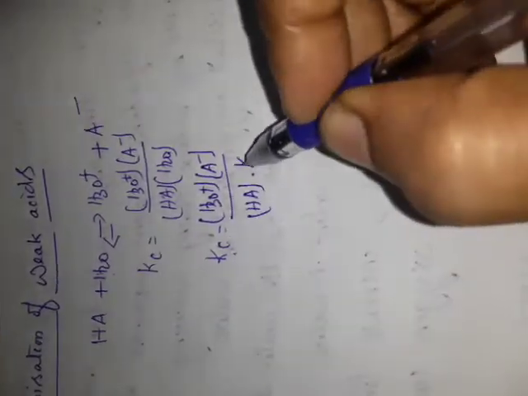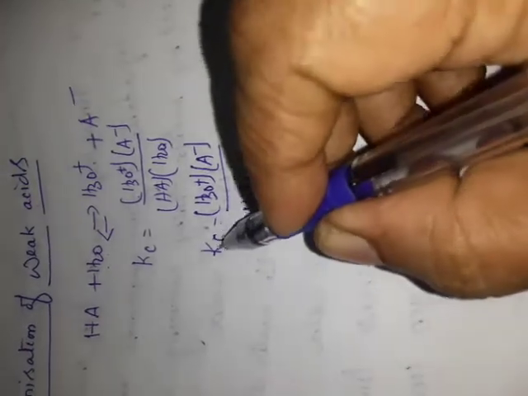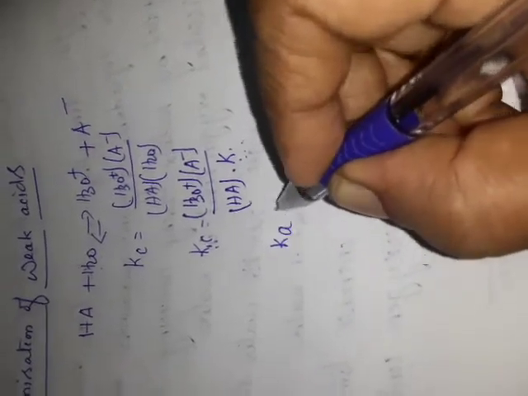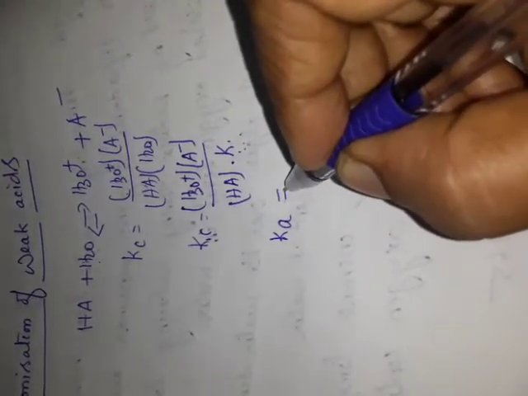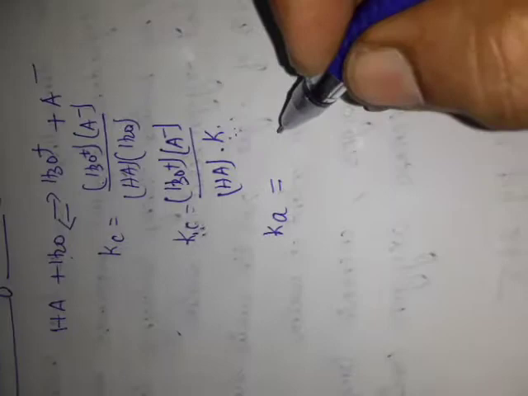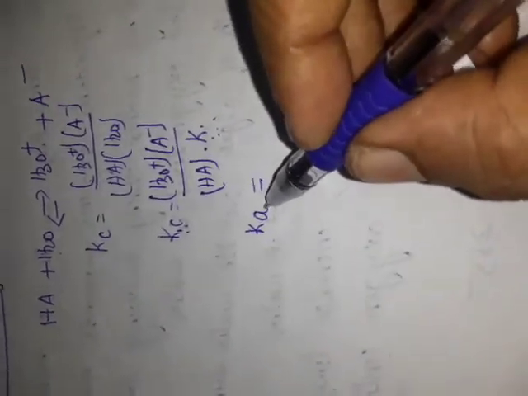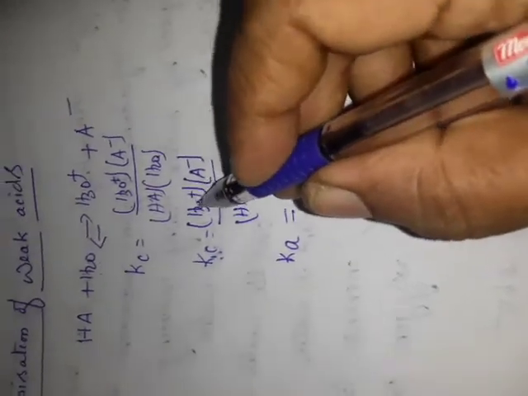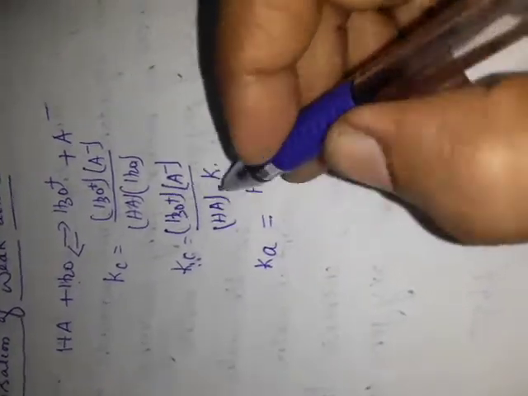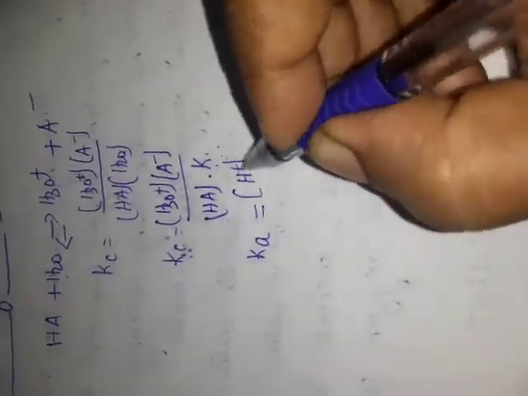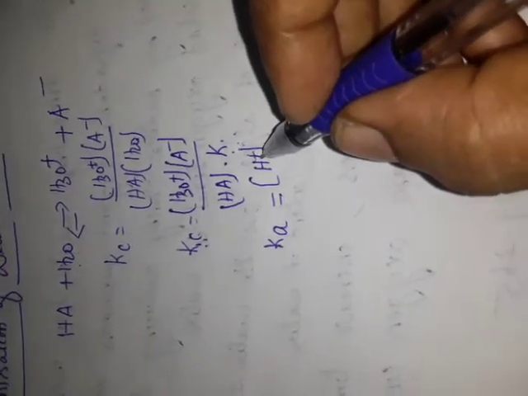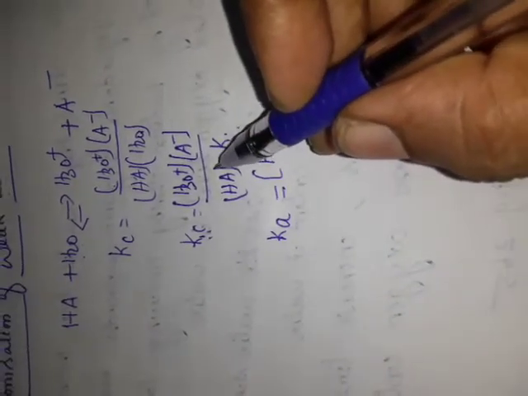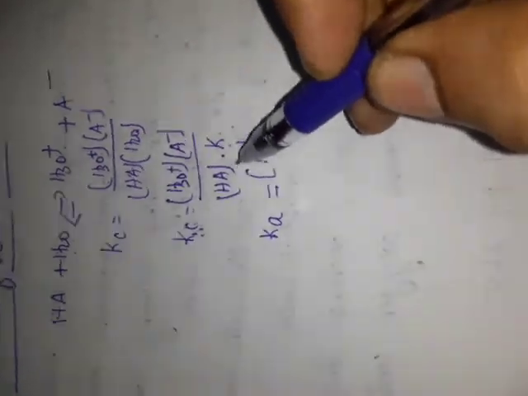Multiplying the two constants Kc and K gives another constant called Ka. Ka means the dissociation constant of the weak acid. This also varies with temperature. H3O+ can also be written as H+, because H3O+ indicates that the hydrogen ion is hydrated.